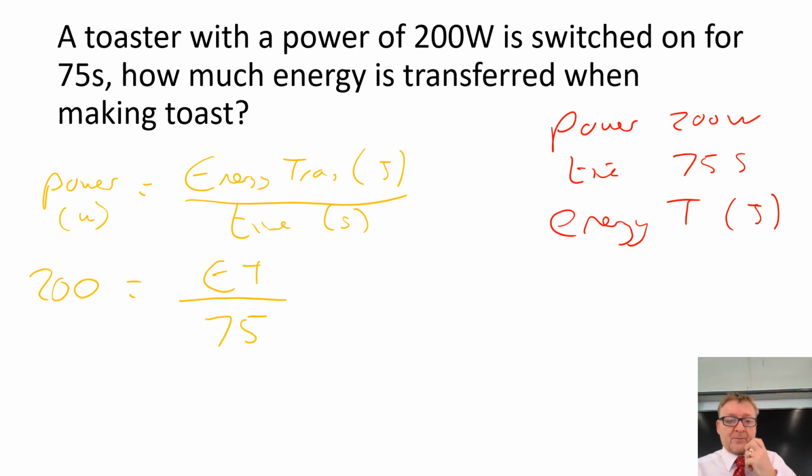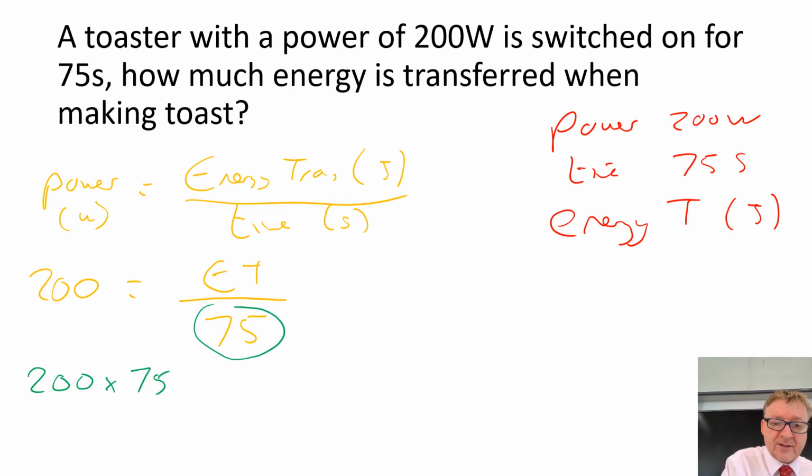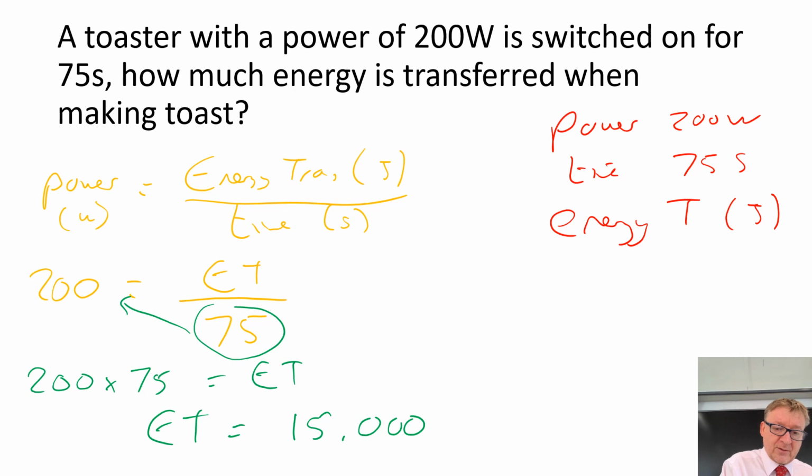Got to think. If it's divide on that side, then it becomes times on the other, so I'm going to do 200 multiplied by 75, because if it's divide on that side, to make it go to the other side, you times it, you do the opposite, equals energy transferred. So energy transferred equals 15,000 joules. Okay, well, a little bit of algebra, I don't like that.